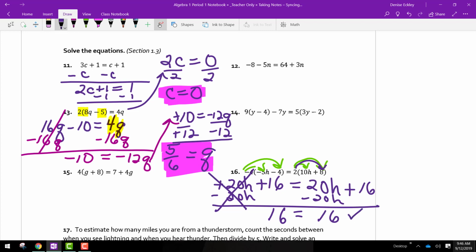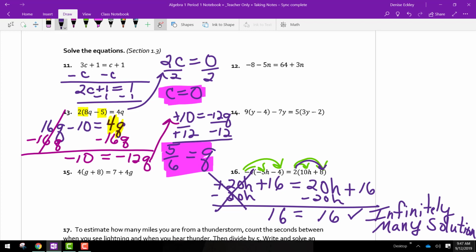This is a good thing. Since they're the same number, I write infinitely many solutions. Because that means any number will work, because you'll always get 16 equals 16, regardless of what number you substitute for h. Okay, so I'm going to have you guys go back and do 12, 14, and 15. Once you do that, then we'll do the 2 word problems together.